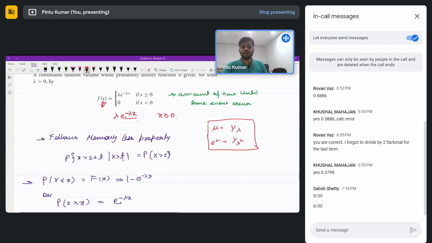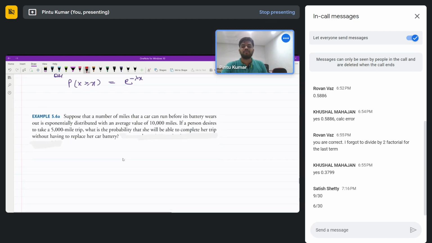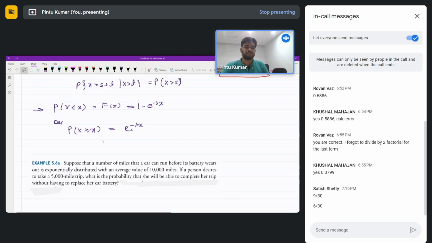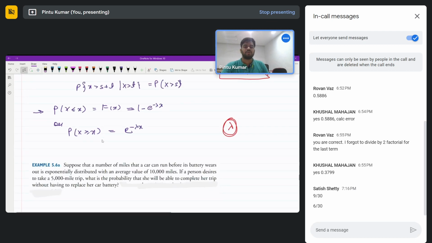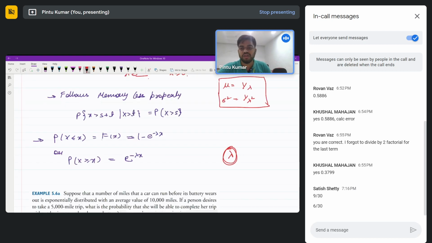I'll come back to the memoryless property, but let's first look at what is meant by lambda. If you look over here, lambda is the reciprocal of your mean, right?